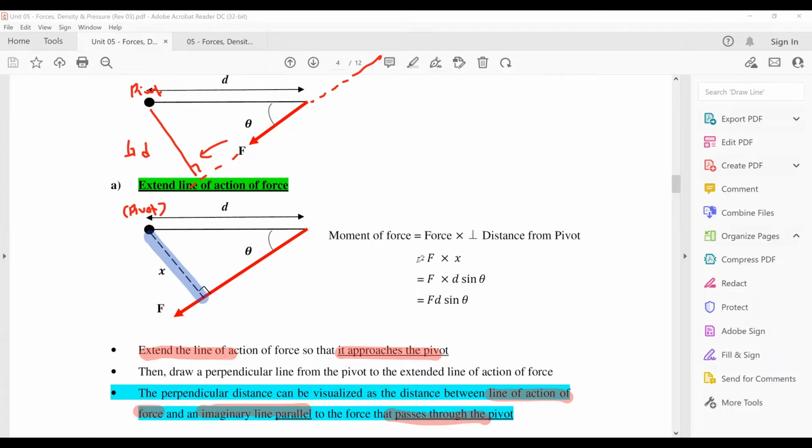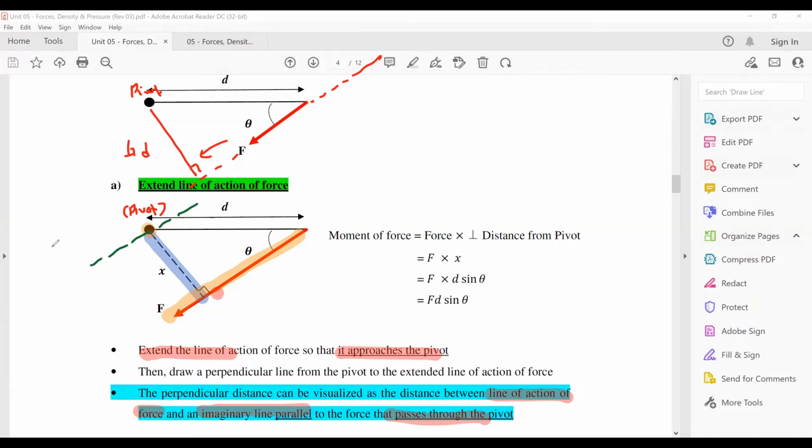If you have a force that looks like this, and your pivot is here, and you want to find out exactly what the perpendicular distance is, you draw another line that is parallel to the force but passes through the pivot. So what you will do is draw something like this.